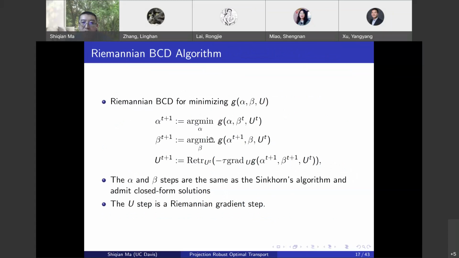In the first 2 steps, we can do the exact minimization because they are the same as the steps in the synchronous algorithm, and these 2 subproblems admit easily computable closed form solutions. For the last block u, we cannot do the exact minimization, so we only do a gradient ascent step. This is our main algorithm, the Riemannian BCD algorithm.